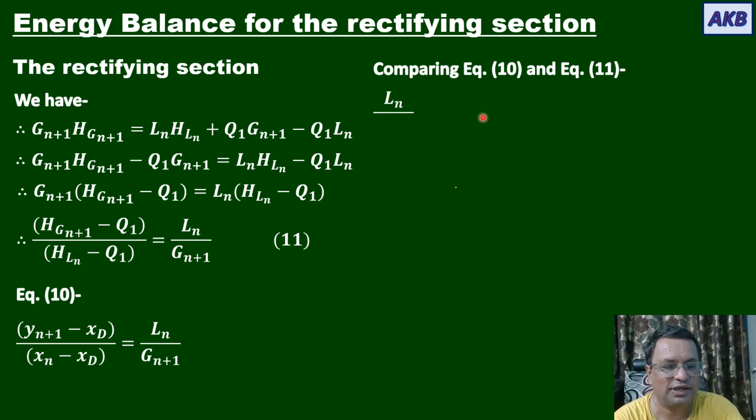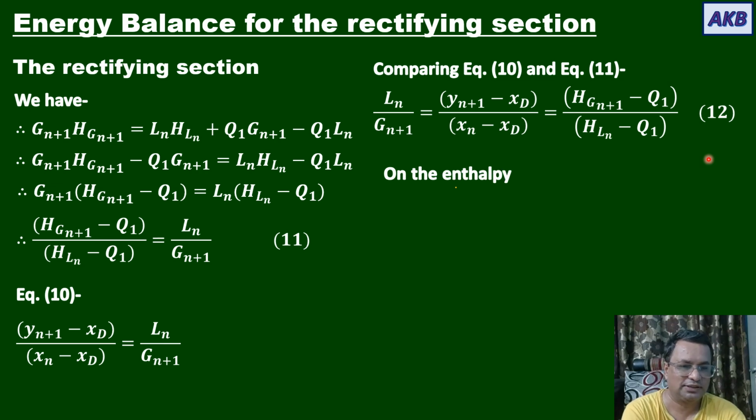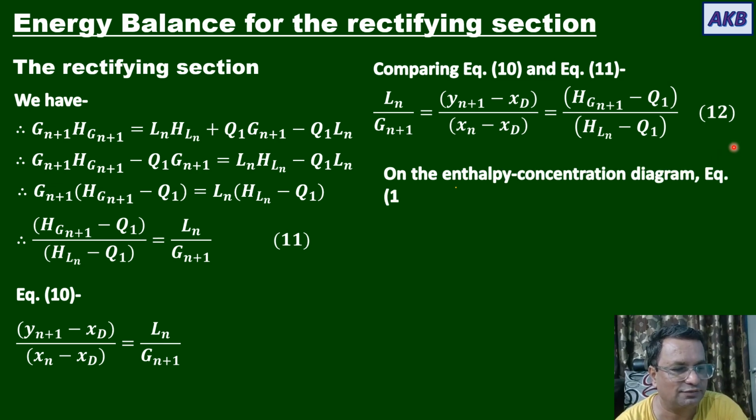So if you do that comparison, it will be Ln upon Gn+1 = (Yn+1 minus Xd) divided by (Xn minus Xd) = (HGn+1 minus Q1) divided by (HLn minus Q1). Now let us call this equation 12. And you can say something about equation 12. It will be a straight line on the enthalpy concentration diagram. I have already discussed the enthalpy concentration diagram in my previous video.